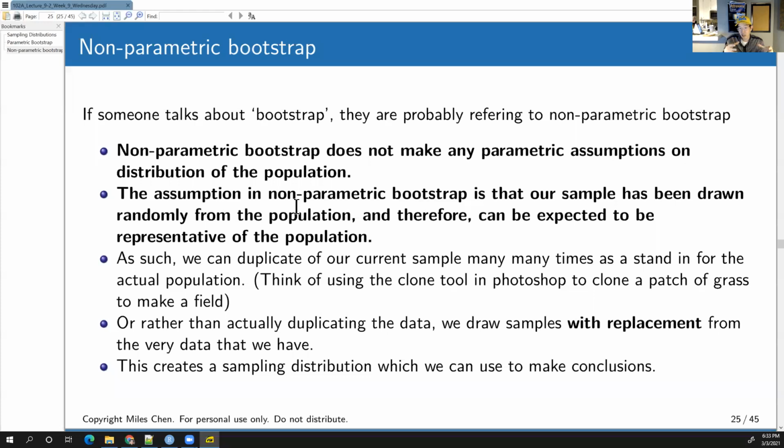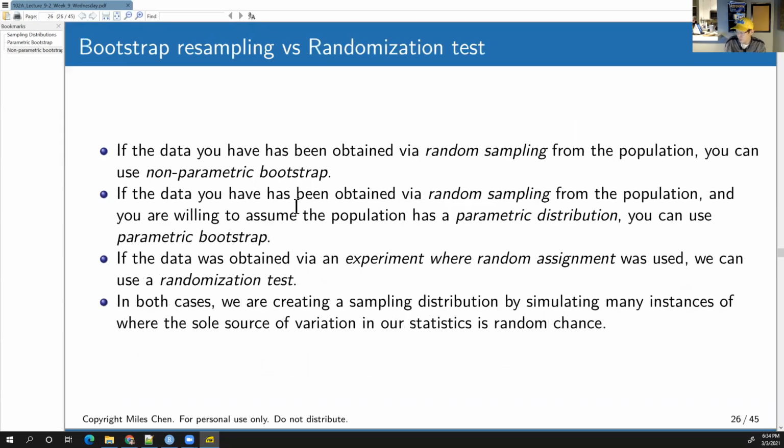That is mathematically equivalent to duplicating your sample a million times, or technically an infinite number of times. That's effectively cloning your sample to make your fake giant population, and that's what we're going to do to create our sampling distributions.